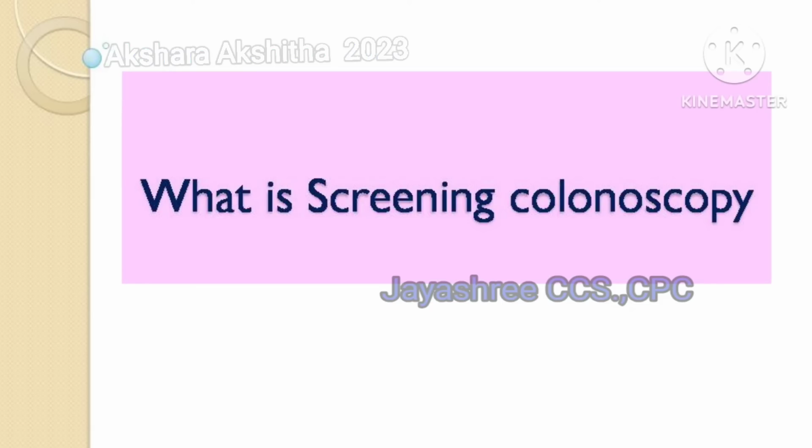So based on the patient's age, medical history or family history, the patient may come, but the patient doesn't have any signs and symptoms. Nothing will be there for the patient. Just for screening, if the patient is coming, we have to consider this a screening colonoscopy. So only the screening code we have to give.